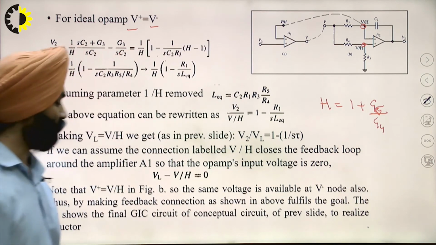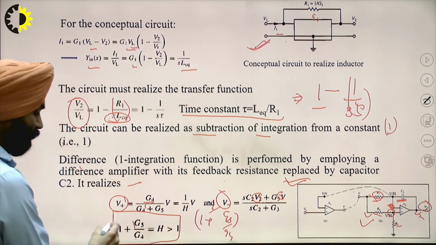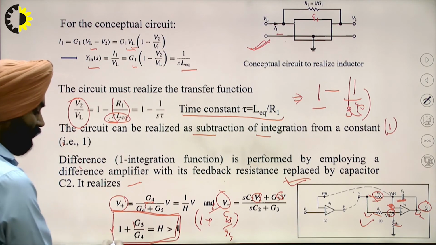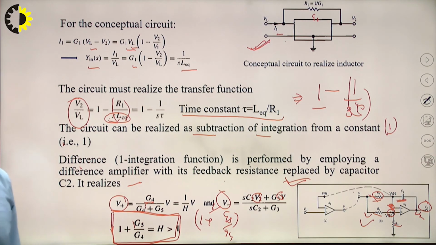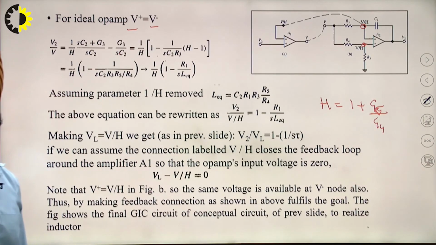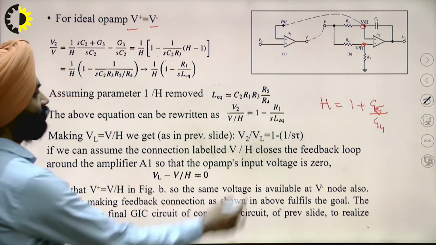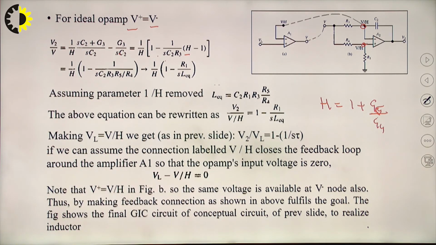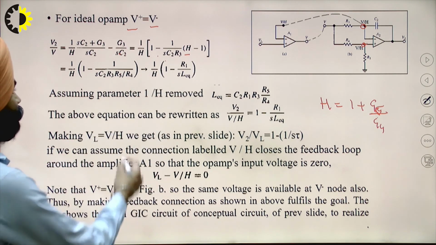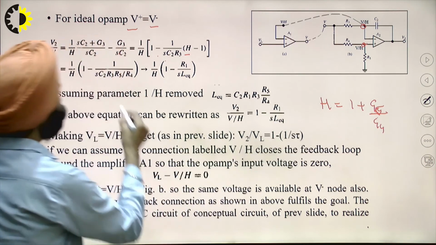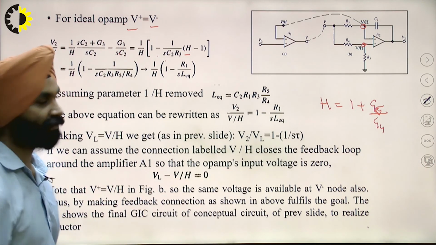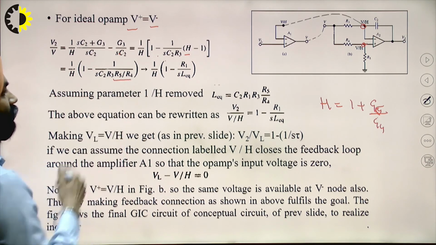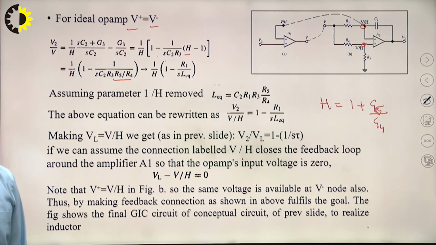So if we put the value of H over here, it will give G5 by G4. In terms of resistance, it will give R3 into R5 divided by R4.